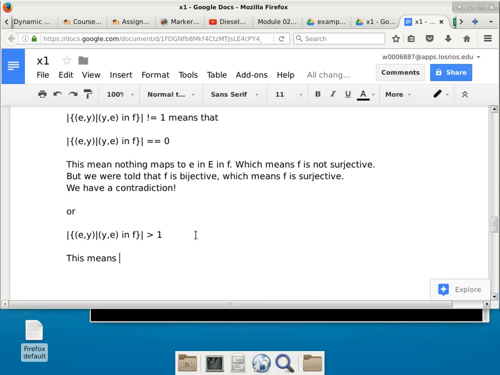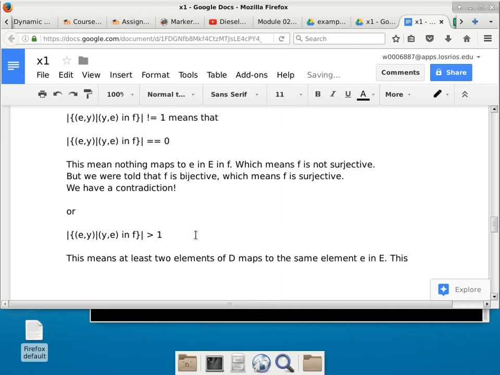E is in the codomain of F, so there are at least two tuples in F that have the same second element E. What does that say about F itself? It is not injective. This means at least two elements of D map to the same element E in big E.